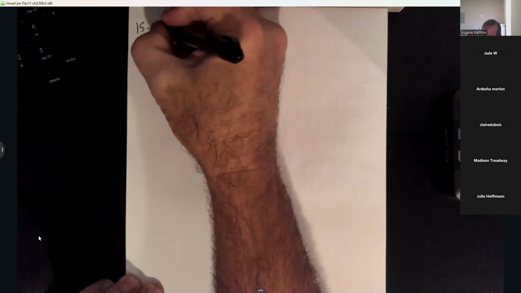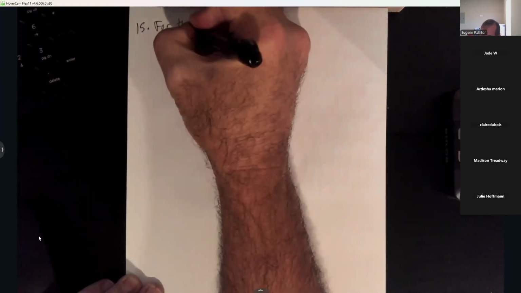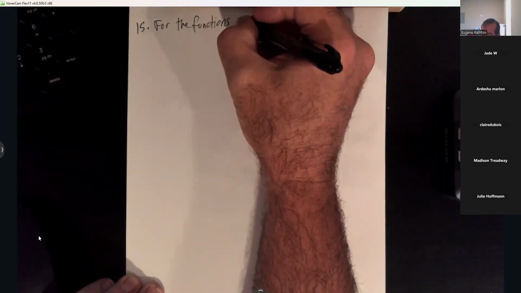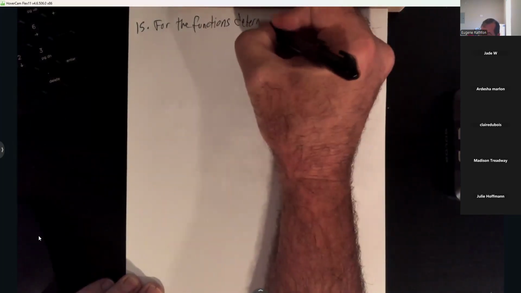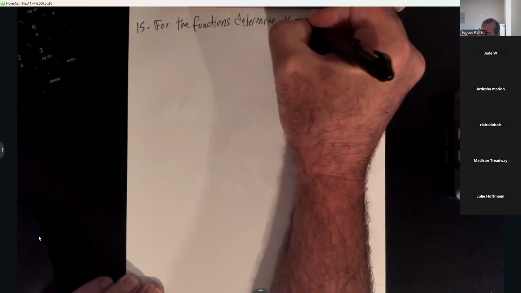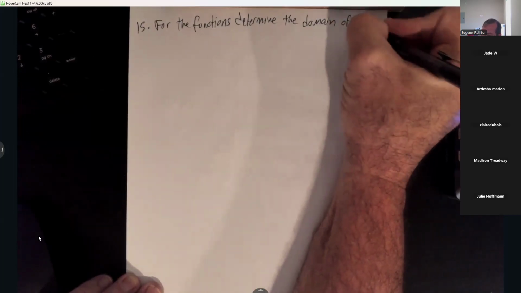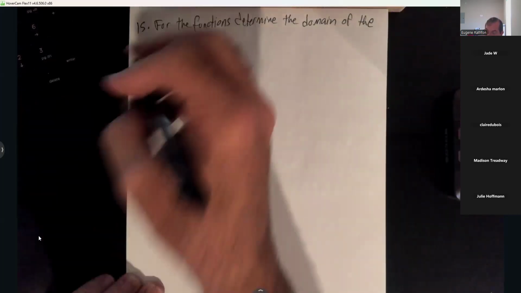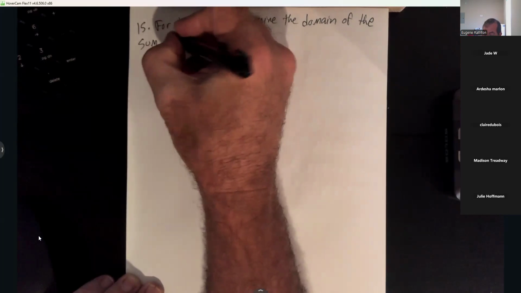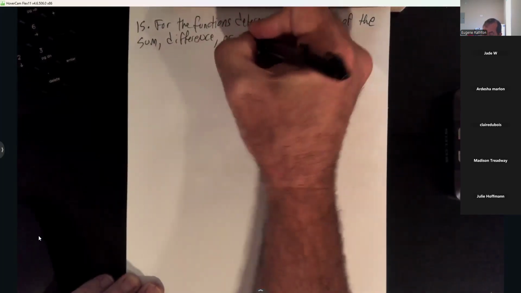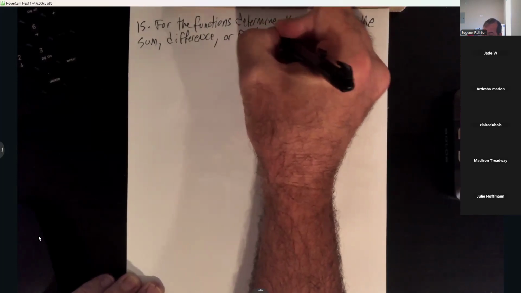So we're going to do the same thing for the functions. Find the domain, or determine the domain, of the sum, difference, or product.